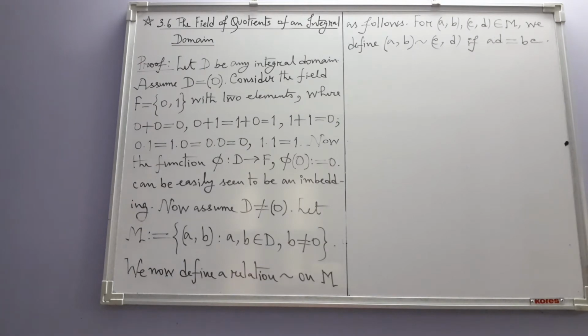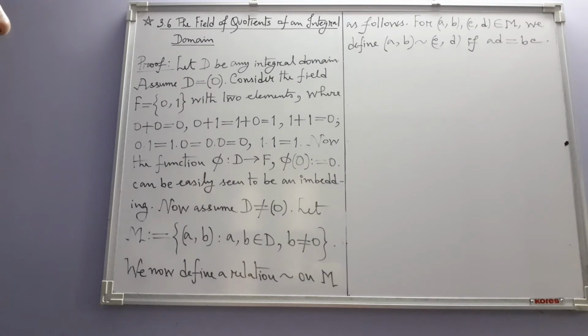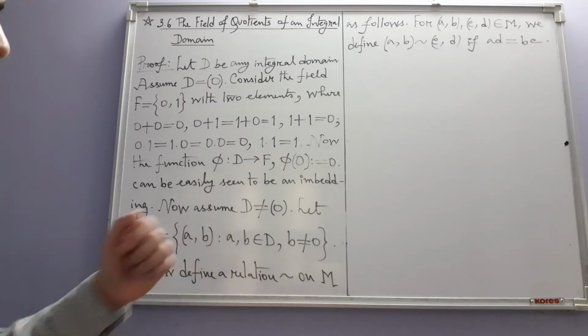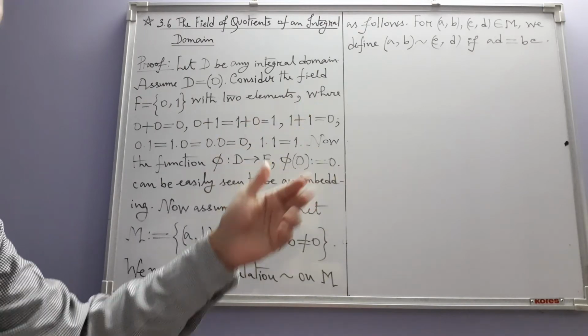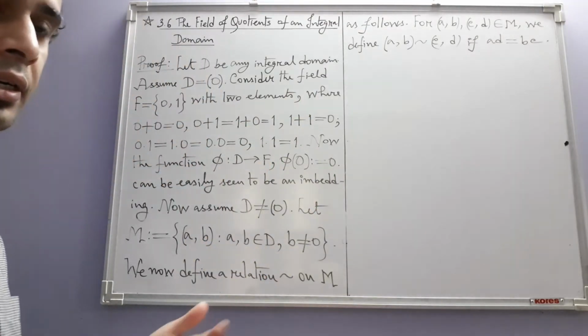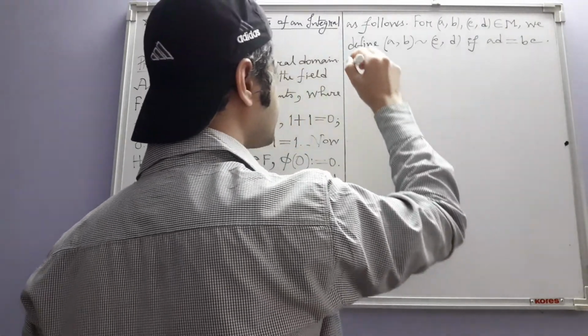Okay, so that is our definition. If AD becomes equal to BC, which is meaningful in the integral domain D, then we will say that these two ordered pairs are equivalent, or I mean related.